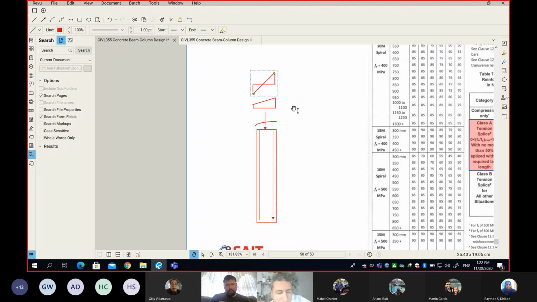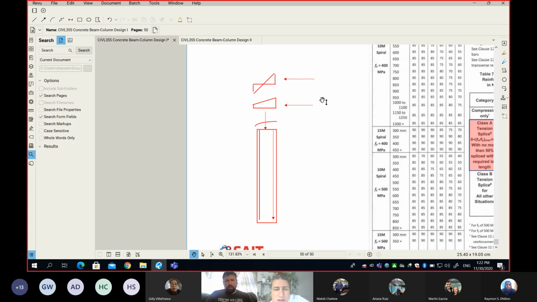Now, why do we sometimes get this diagram and sometimes this diagram? Can anybody tell me what it depends on? It depends on the eccentricity, correct. If the axial force is within the middle third of your section, you don't see any tension.